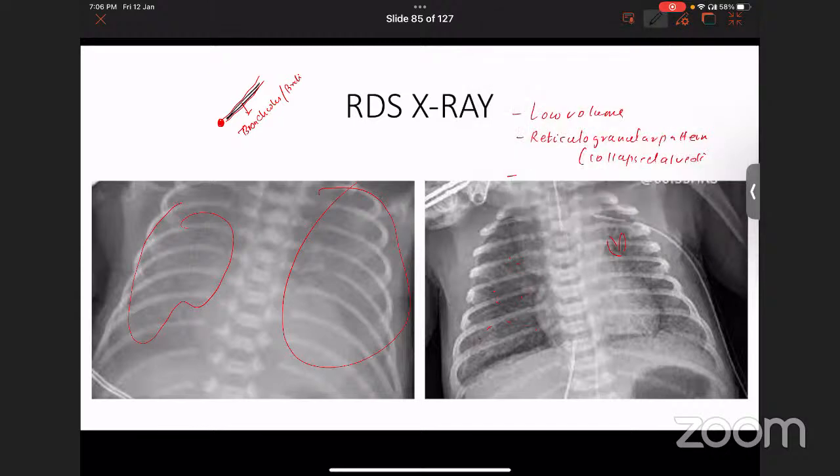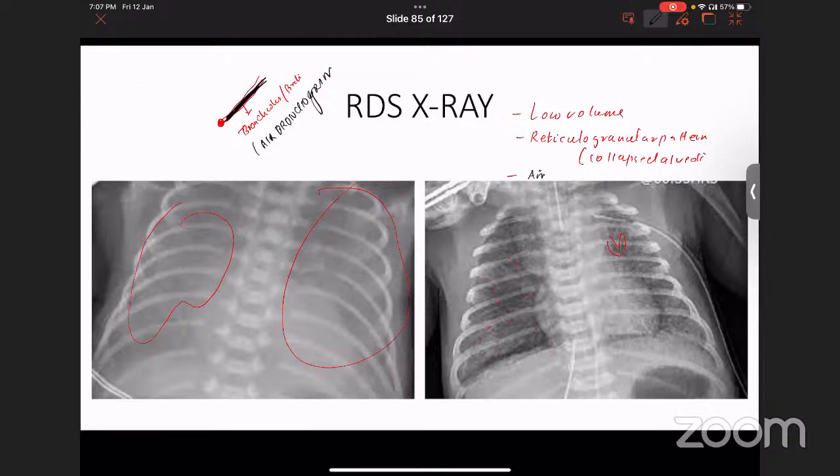So you will see air here because this is collapsed. So the bronchus is filled with air. This is known as air bronchogram. So low volume lung, reticulogranular pattern because of collapsed alveoli, and air bronchogram because alveoli are collapsed.